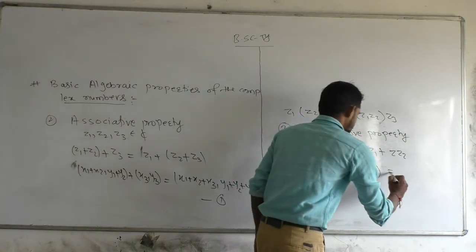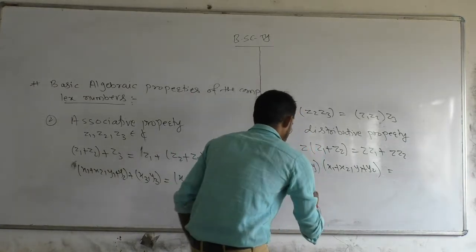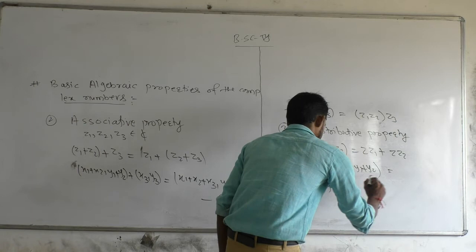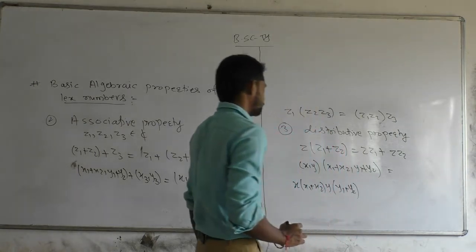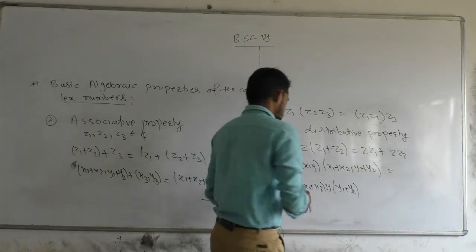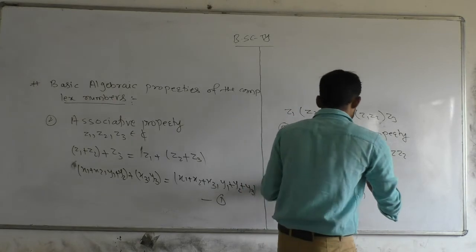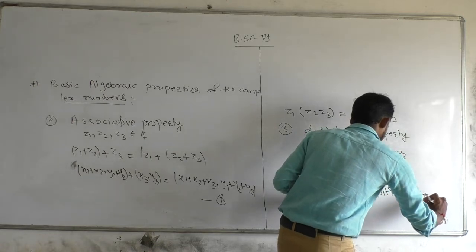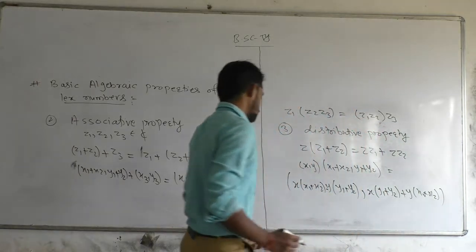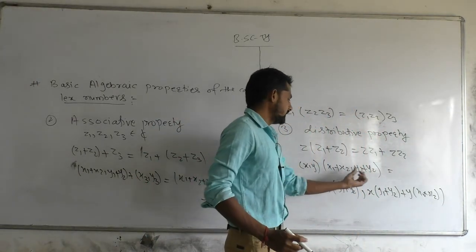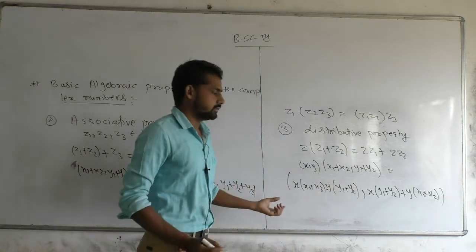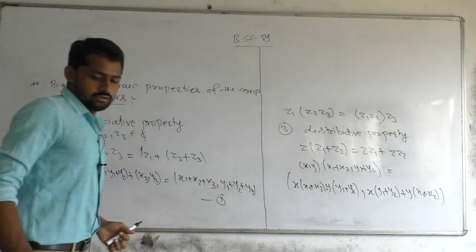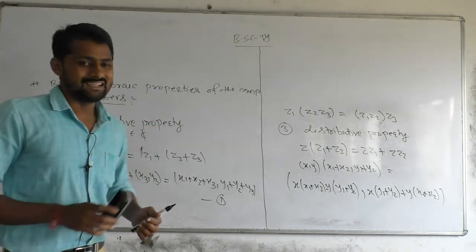Multiplying these two, we get (x(x1 plus x2) minus y(y1 plus y2), x(y1 plus y2) plus y(x1 plus x2)). Multiply these out and you will get that these two multiplications are the same. So we can directly say that multiplication is distributive over complex addition.